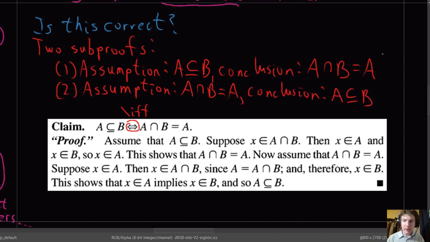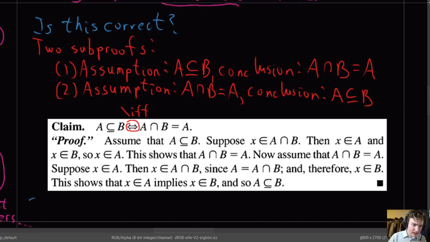So as you read this proof, note that for the proof to be logically correct, it needs to first do this part: assume this thing, and prove this thing. And second, it has to do the backwards direction, right implies left, which means one assumes this and proves that this is true. And then we're almost done, but I'll just remind you that there are definitions.